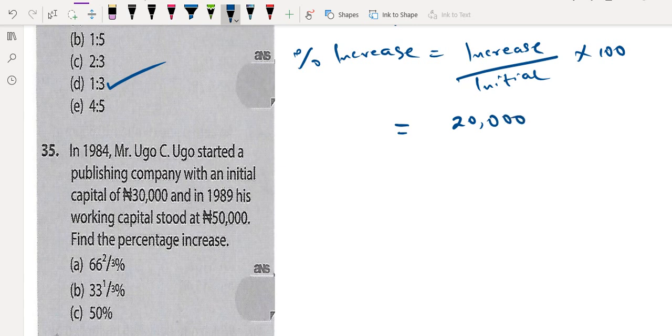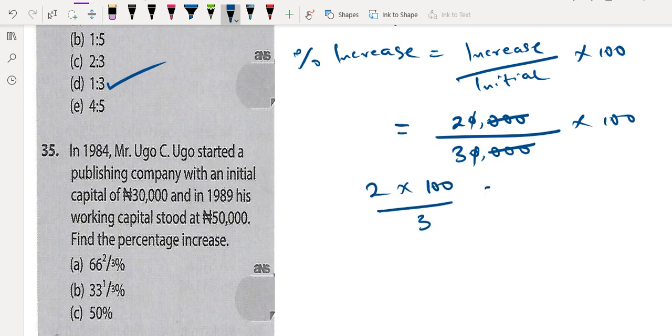So he had gained 20,000 over the initial. 20,000 over 30,000 times 100. What do we have? 2 over 3 times 100, which is 200 over 3, which is 66 and 2 over 3.